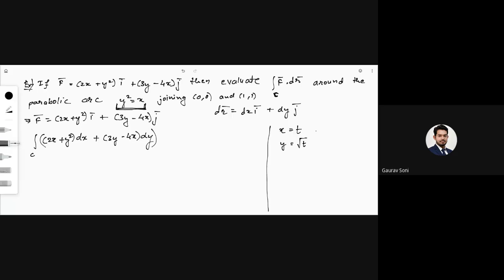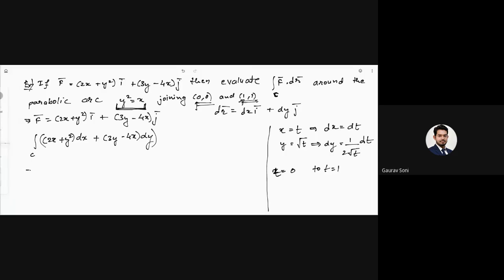Now, from this, dx will become dt. dy is equal to derivative of root t, which is 1 upon 2 root t dt. What are the limits for x? You look at the points from where to where you are integrating. X is running from 0 to 1. So t will run from 0 to 1.